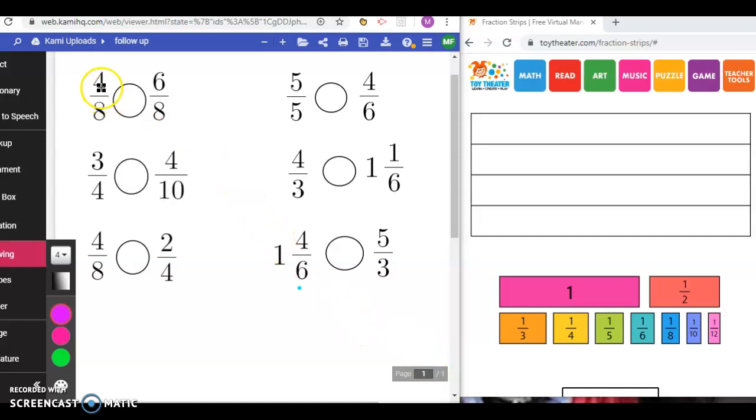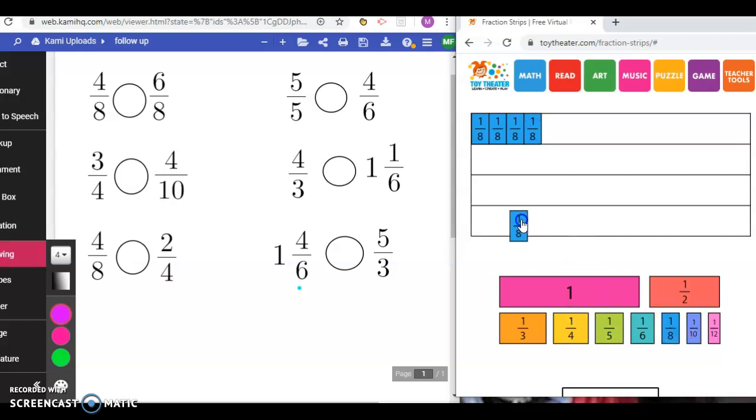So our first fractions we're comparing is 4/8 and 6/8. So let's find our eighths. 1, 2, 3, 4.